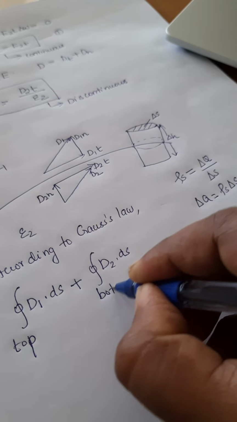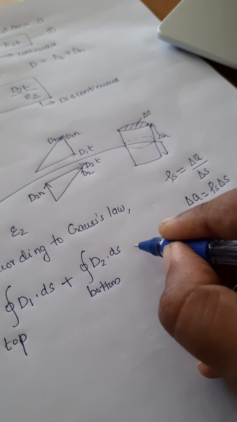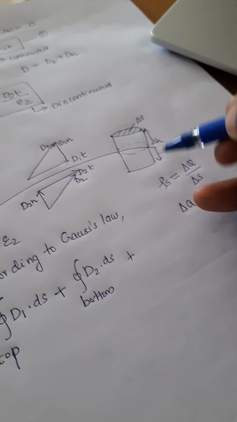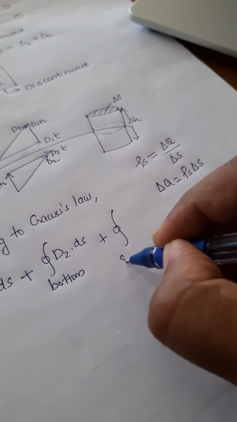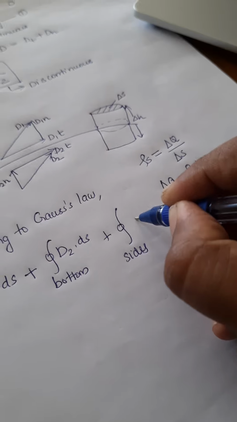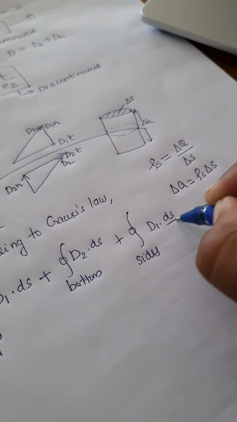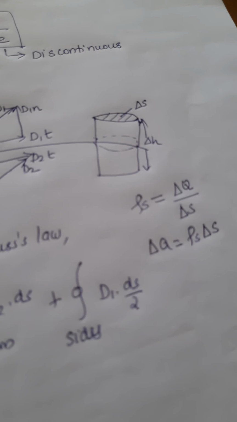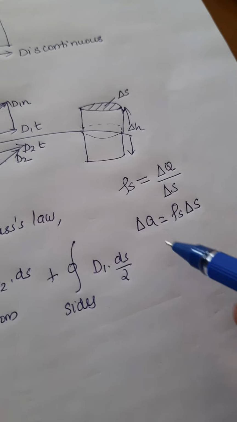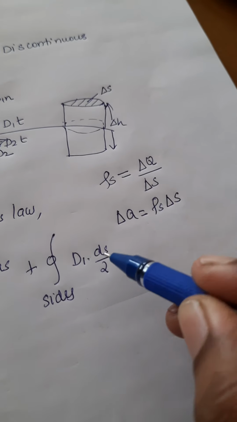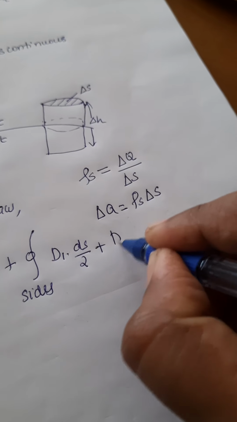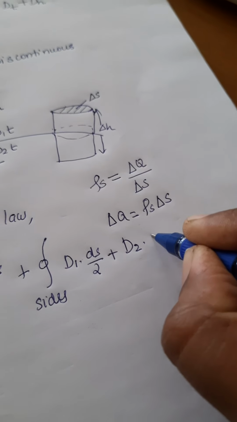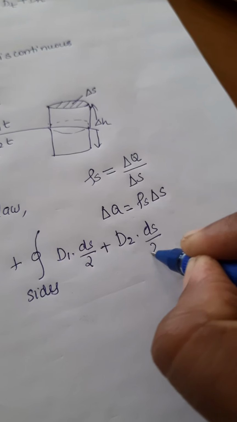And along the two sides, we can take it as D1 dot dS by 2 plus D2 dot dS by 2.